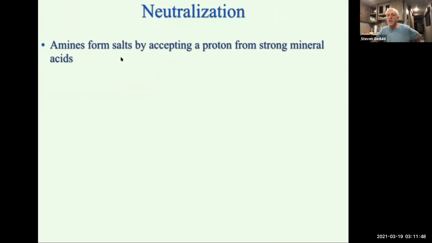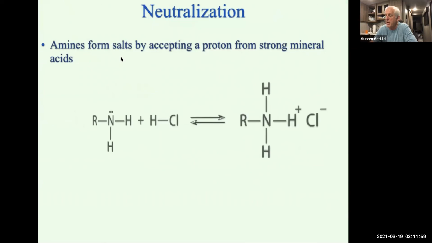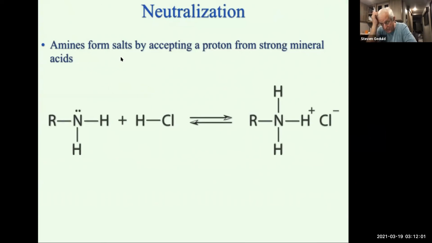You can also have neutralization. Ammonium forms salts by accepting a proton from a strong mineral acid, just like from water. Like HCl can attach the H, and they can form salts, just like carboxylic acids did. Okay. So again, here's your R group, and HCl. The H bonds to the top free bonding electron pair there.